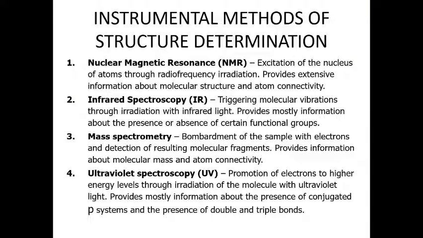Also, infrared spectroscopy targets molecular vibration through irradiation with infrared light to provide mostly information about the presence or absence of certain functional groups. It is most commonly used for organic compounds or covalent bonds, right?